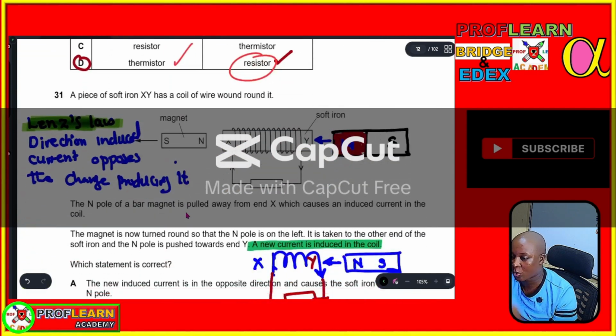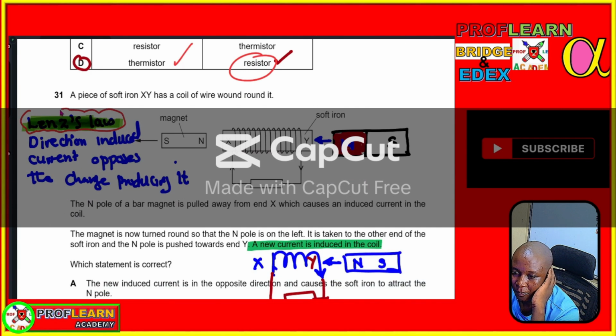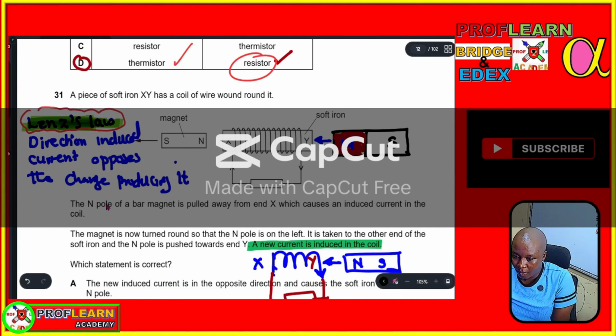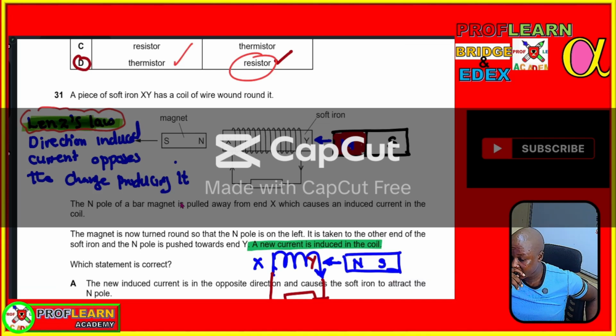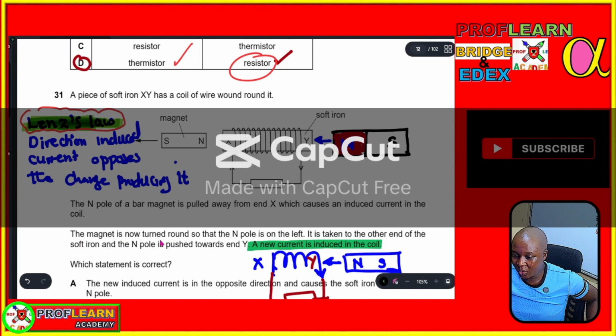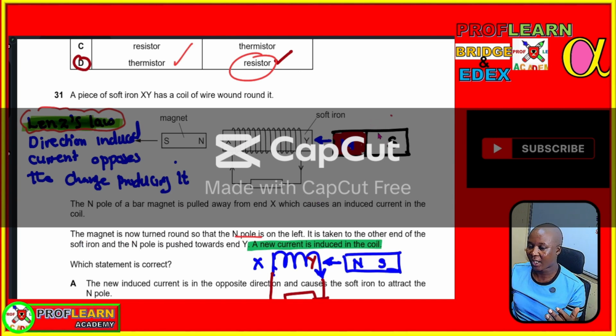For question number 31, we are going to use Lenz's law. We are told the north pole of the magnet is pulled away from X. Then the magnet is turned round so that the north pole is on the left. You can see on this magnet we have a north pole on the left and the south pole on the right.